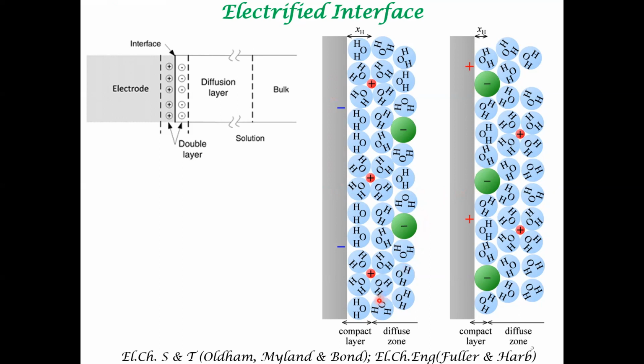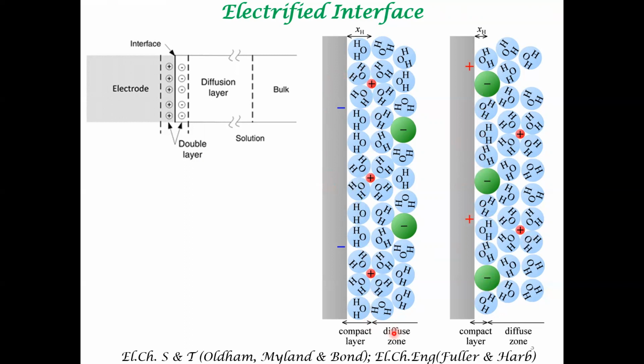There are certain other notions which are also illustrated in the schematic. There is this compact layer, that means the first layer of the anions and cations. This distance gives the distance between the first row of cations that are binding to this electrode. So this gives the first row of anions that are binding to the electrode.